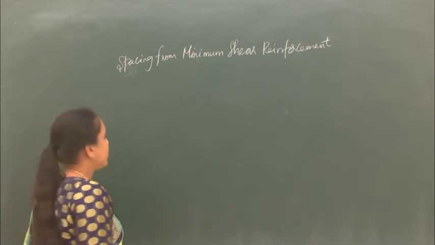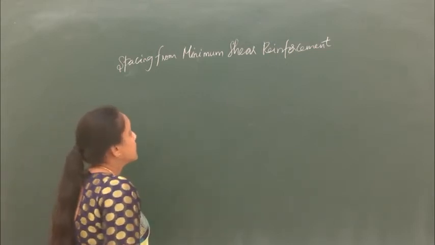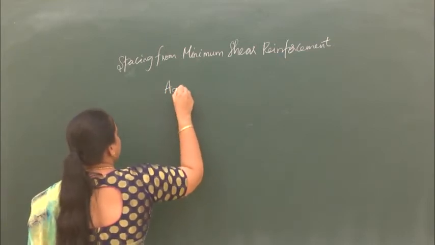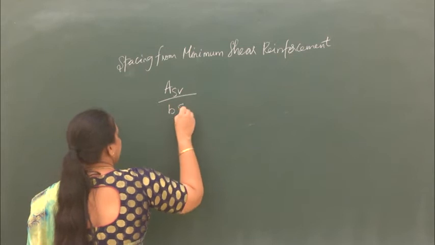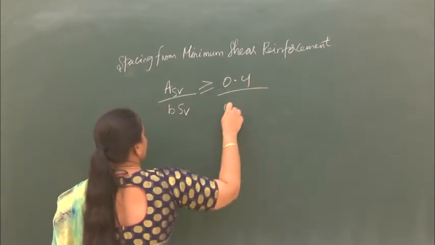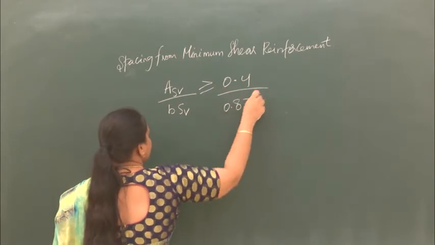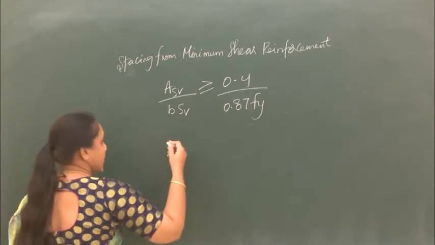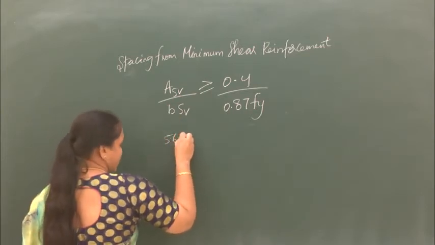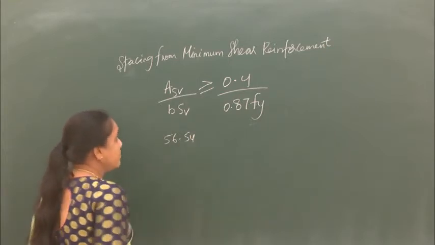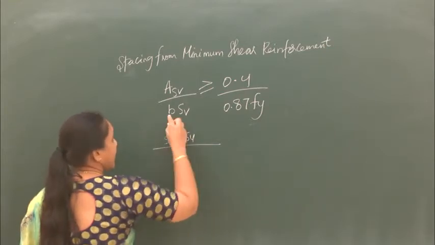So what is the formula for calculating the spacing from minimum shear reinforcement? Asv by b into Sv greater than or equal to 0.4 divided by 0.87 into Fy. So we have already calculated Asv. Substitute the value there. It is 56.54 mm square divided by b.